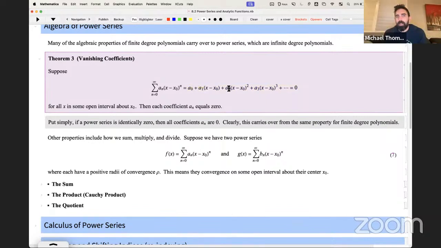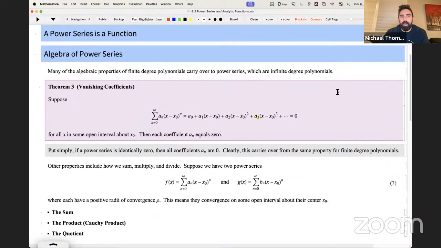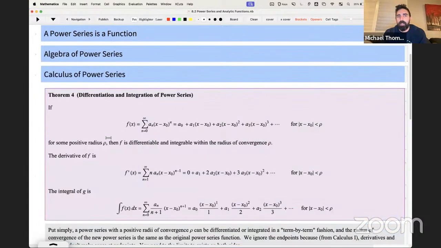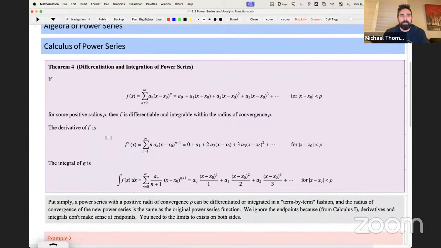You can equate like terms on both sides, essentially the coefficients on both sides. We're going to actually use this a lot, so it'll feel pretty natural. But the important thing to note is the algebra pretty much carries over from finite degree polynomials.